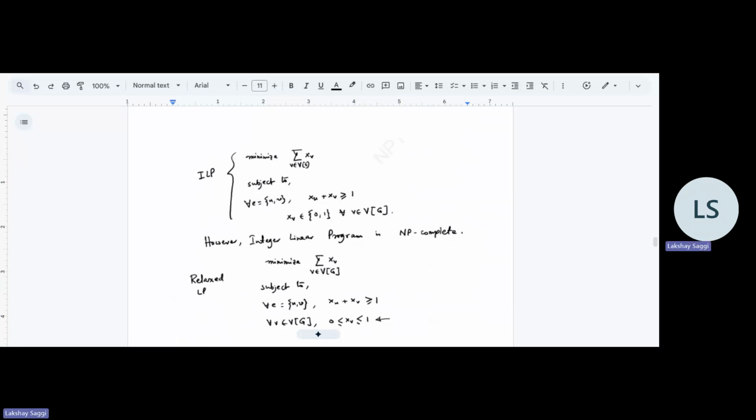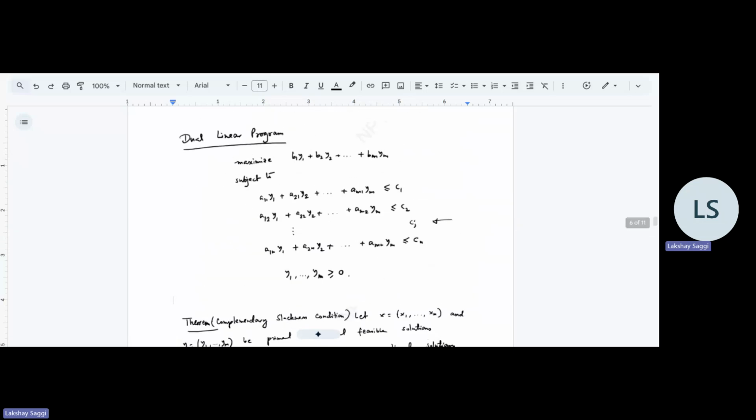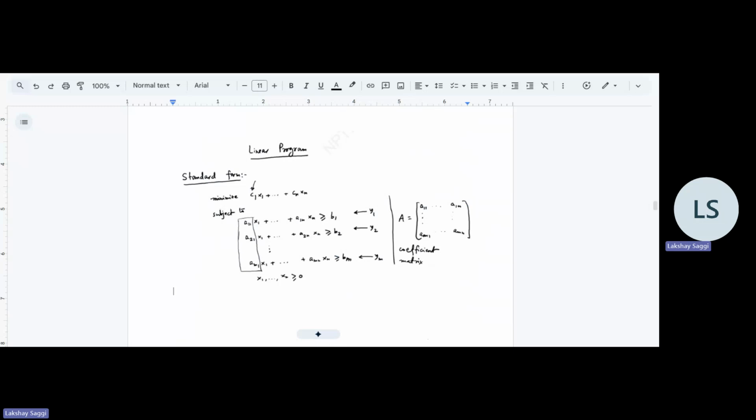But what is really interesting is that even though integer linear programming is NP complete, solving linear programs is different. We have not discussed this, but there is a very deep theory of solving these linear programs in polynomial time. For a long time, it was not known whether even these kinds of programs can be solved in polynomial time.